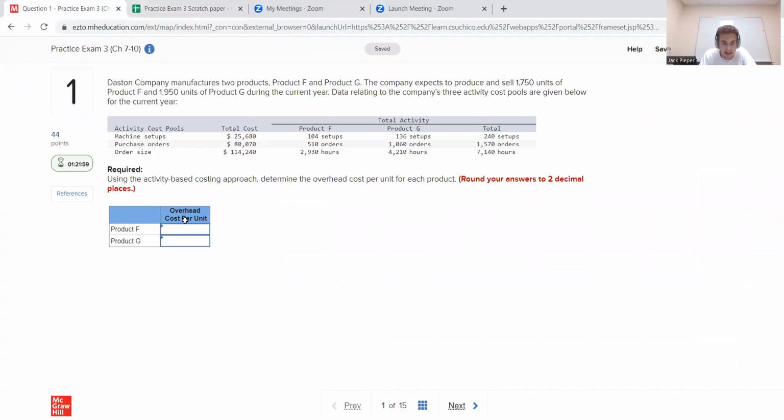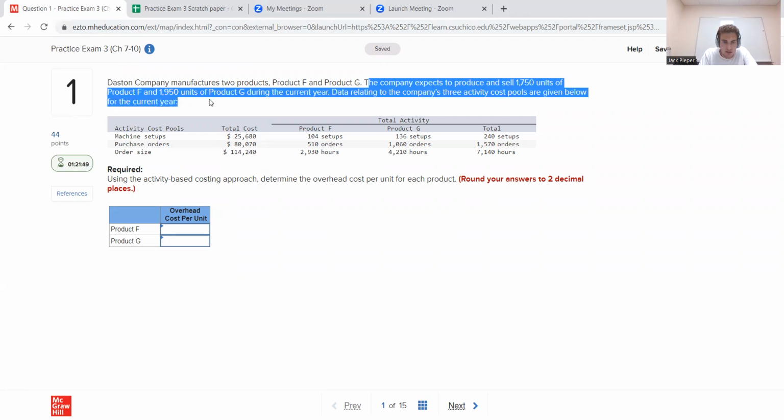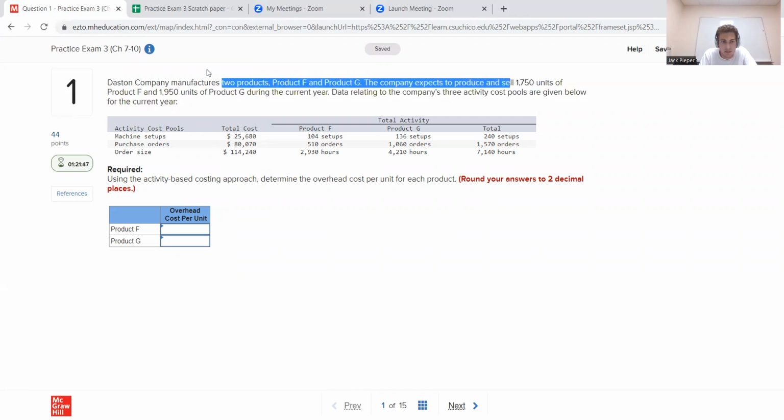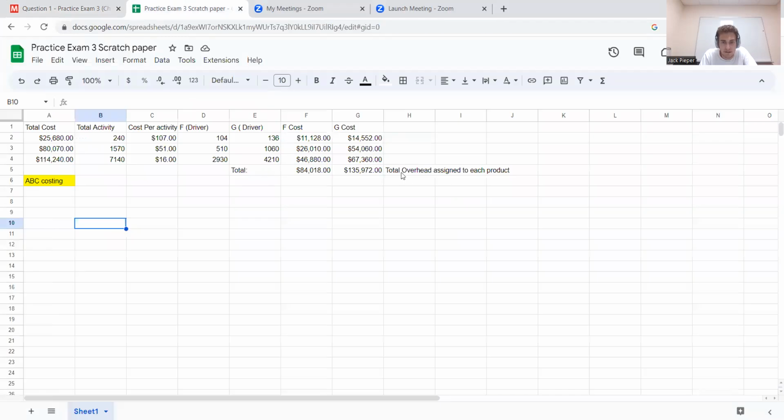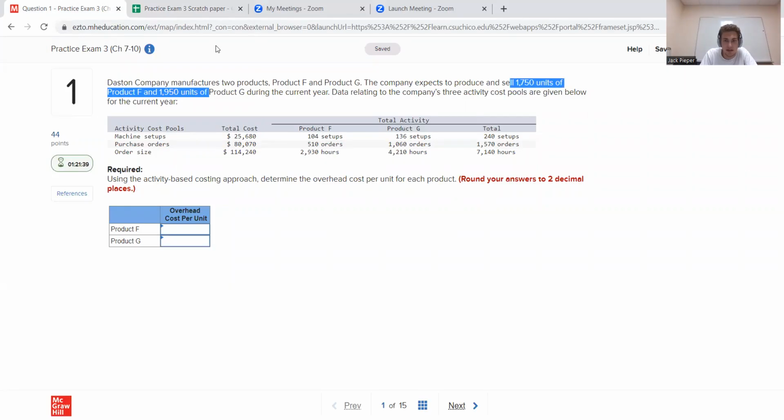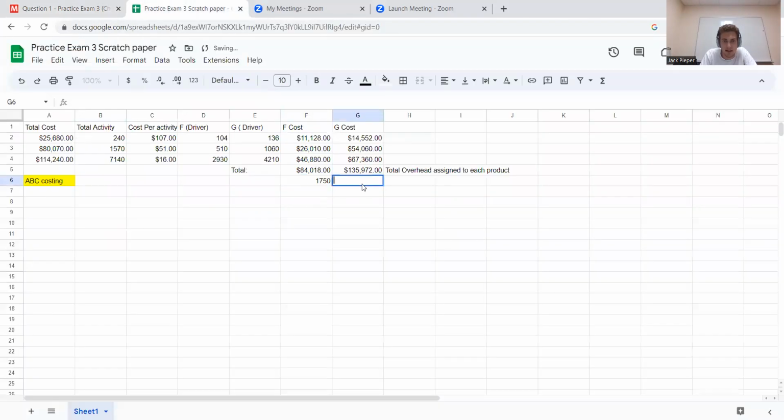Okay, and now it's asking for the overhead cost per unit, right? So we are now going to divide our total cost by the number of units. So for product F, we're going to divide by 1,750 units and 191,950 respectively.